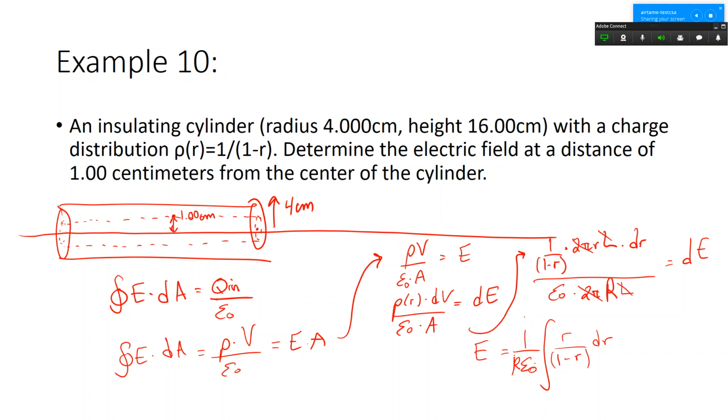Yep, exactly. So in this case, which are my limits of my integral? It would be 0 to 1 or 4? Yeah, 1. The limits of my integral is 0 to 1, or 0.01 because it's in centimeters.